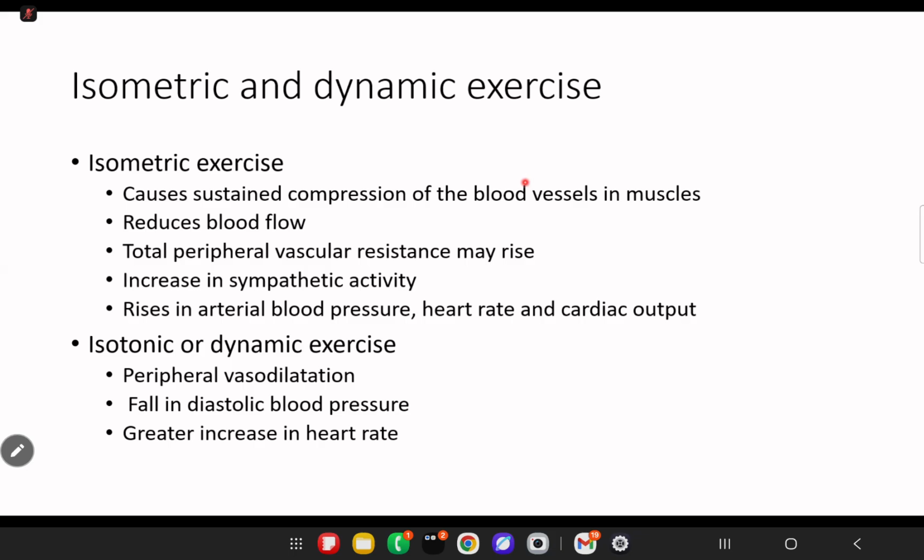Then another few things for you to keep in mind: the terms isometric exercise and isotonic or dynamic exercise.